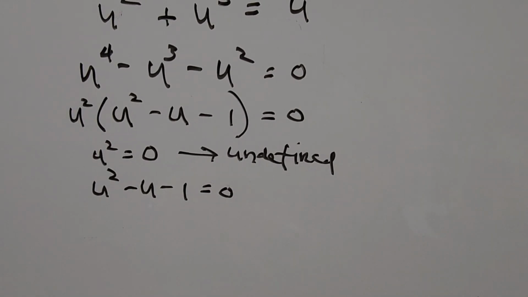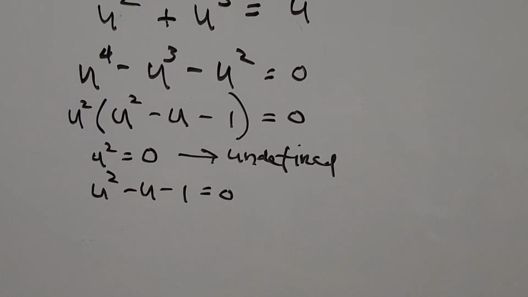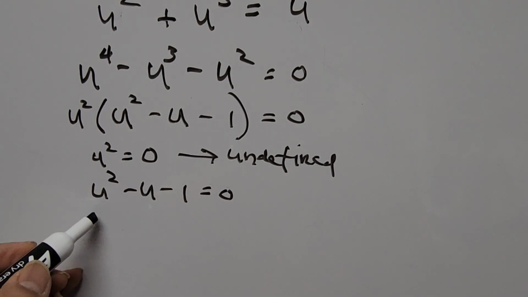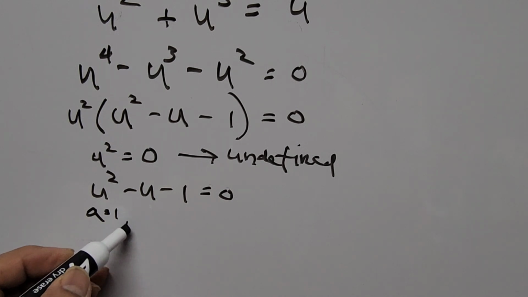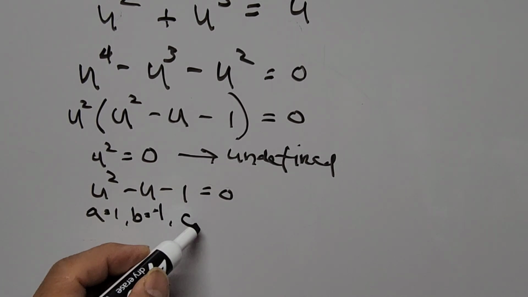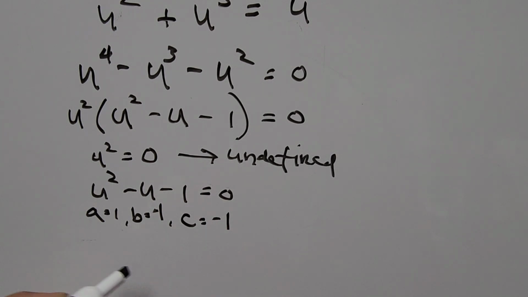And so let's use the quadratic formula to find the value of u. From the quadratic formula, we need the coefficients of the terms and the constant. So a is 1, b is -1, and c is -1.